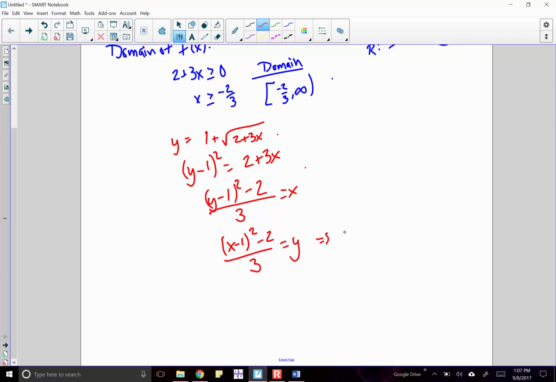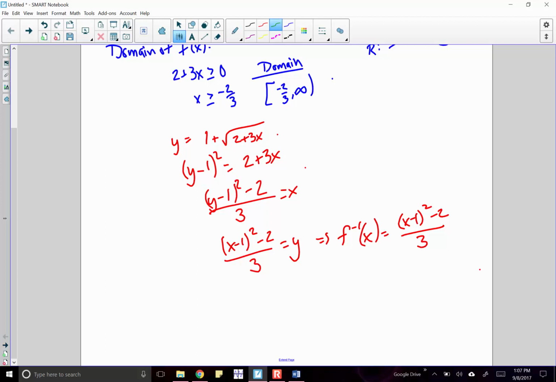So that means the inverse function of f is (x minus 1) squared minus 2, all over 3. Okay? No, it is not. I hope that you realized why I did the domain first.